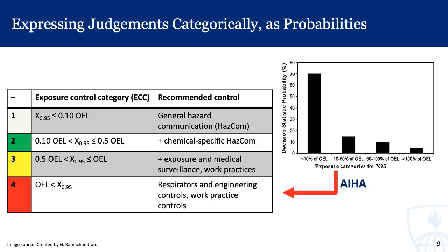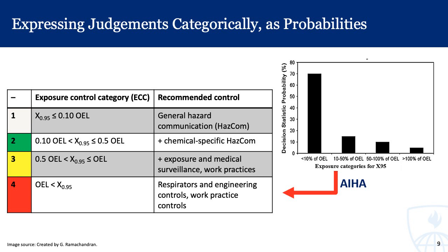In this case, there's almost a 70% probability that the 95th percentile is located in the less than 10% of the OEL category 1, somewhere around 15% in category 2, and smaller percentages in categories 3 and 4.